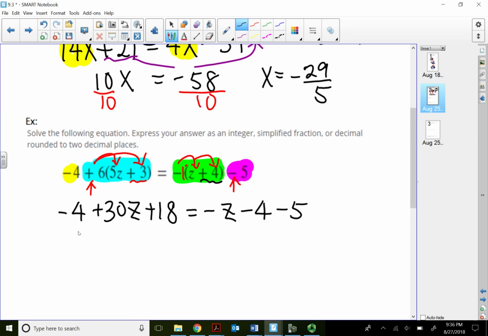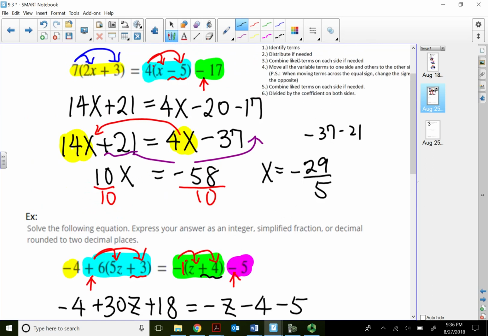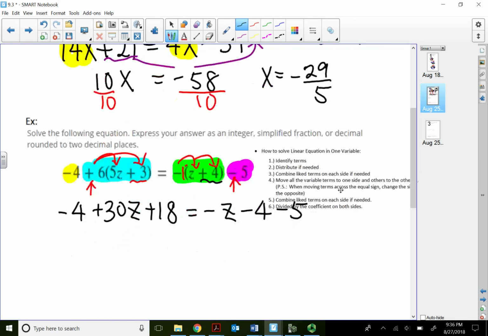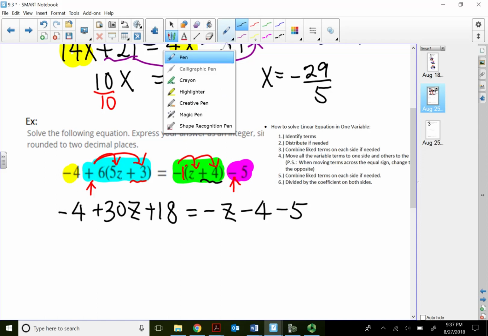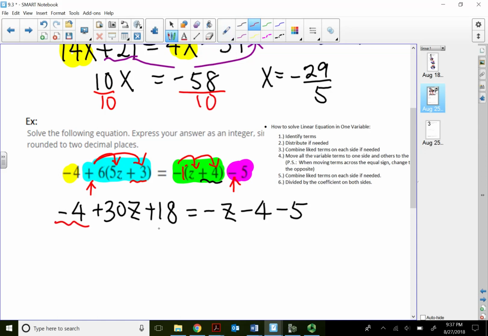Now, let's combine. So this thing gets long now. That's why step number 3 is important. Because step number 3 tells me to combine like terms first on each side before I do any moving. So the left side, let's see. I believe negative 4 and positive 18 can be combined. So 30z, still 30z.